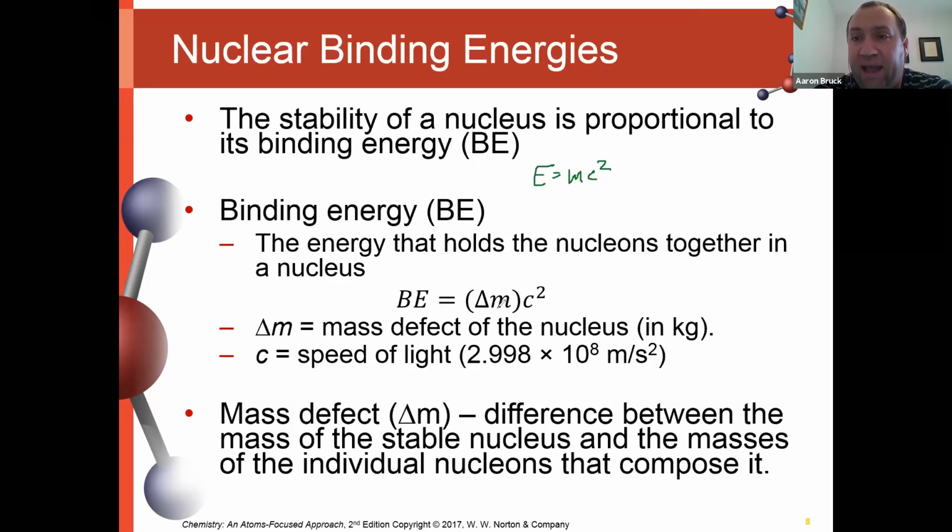And the mass difference is what we call mass defect. So mass defect comes from that characteristic of the nucleus as it comes together. So delta M is the mass defect, and then c squared is the speed of light squared.